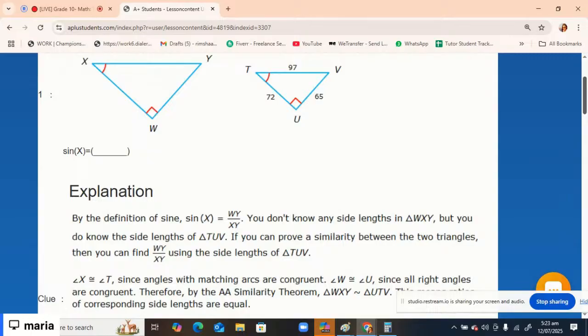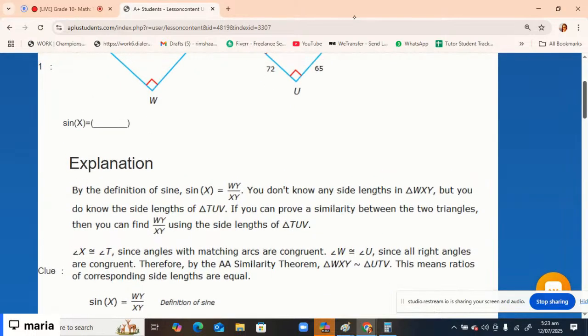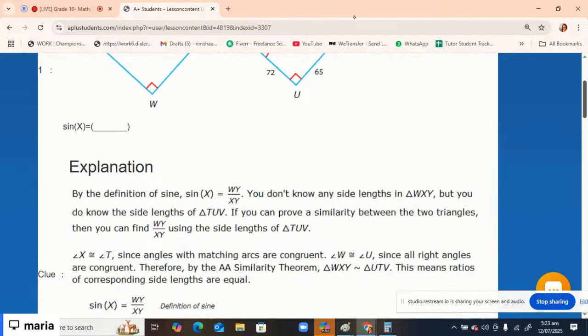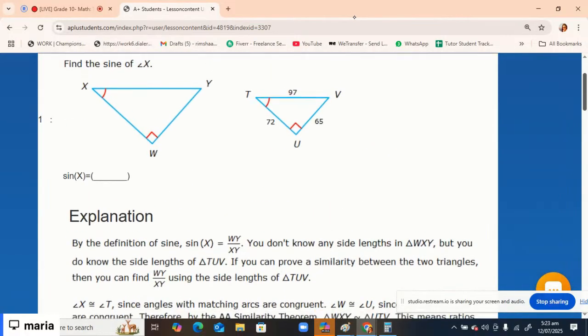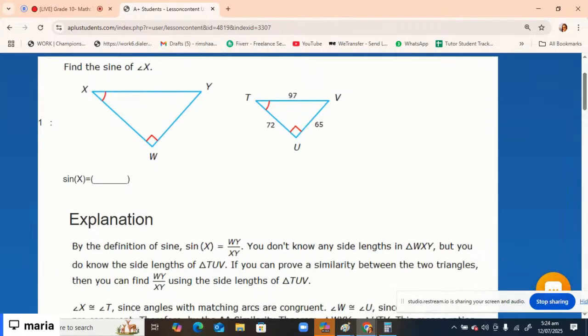So according to the angle similarity theorem, we can say that these triangles are similar. This means the ratio of corresponding side lengths are equal. So WY over UV equals XY over TV equals WX over TU.